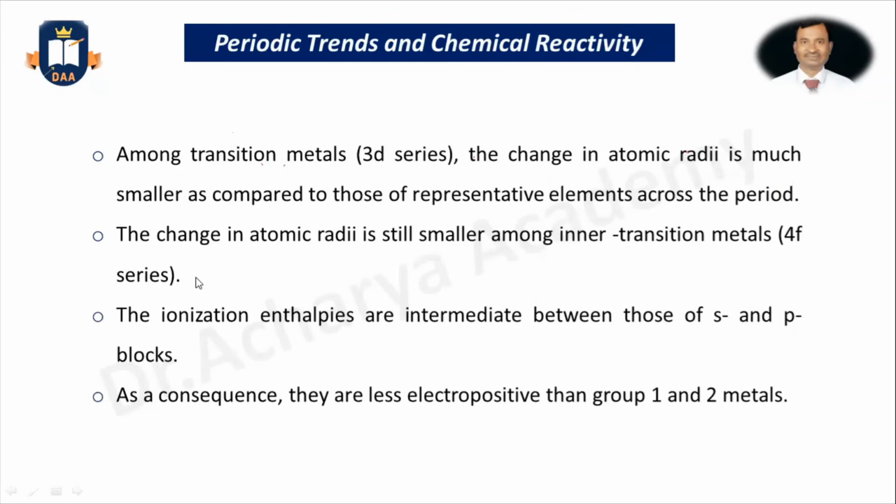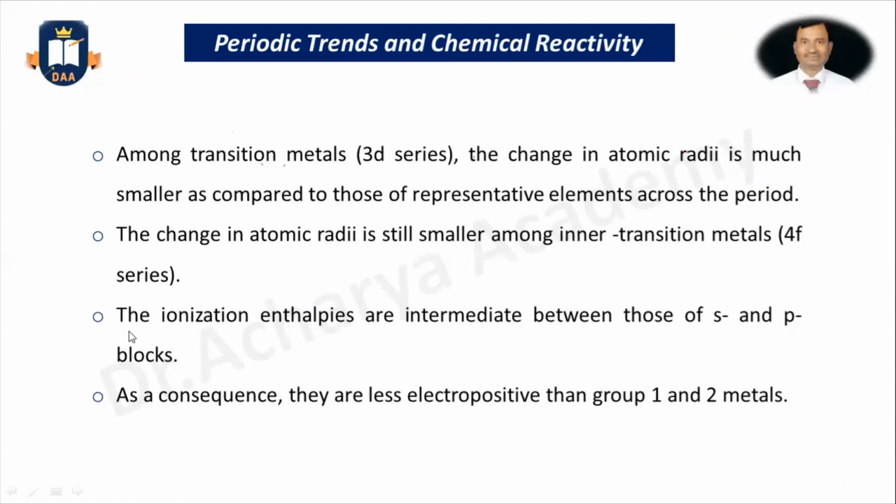In the periodic table, we know the extreme bottom two rows, two periods, are called the inner transition metals. That means the 4f series. Ionization enthalpies are intermediate between those of the s and p block elements, that is the representative elements, and in between these the d series elements remain.